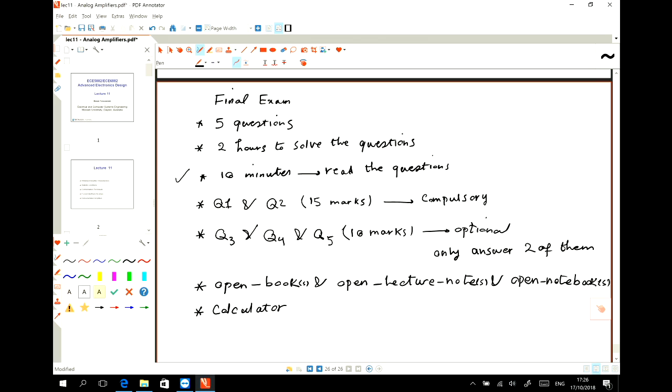And because the exam is open lecture notes, there is no formula sheet for that. So you are supposed to take the formulas by yourself, okay? And the formulas are what is available in your lecture notes. I mean, if you read your lecture notes and the exercises for the lecture notes and the assignments, and if you've designed your design project properly and understood it, I believe you will get 100 out of 100.